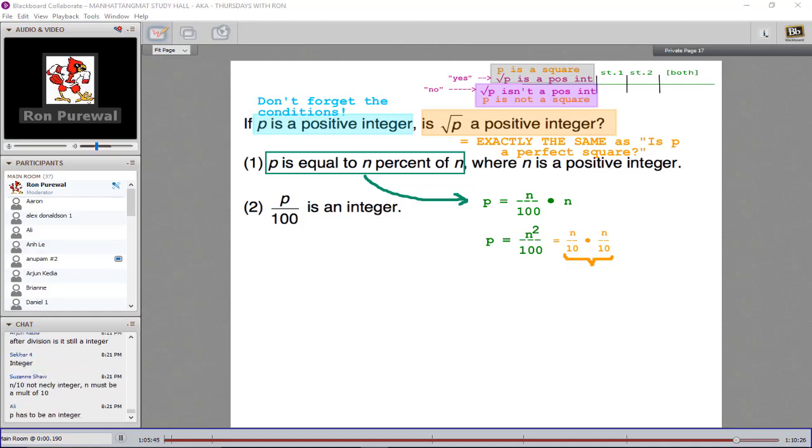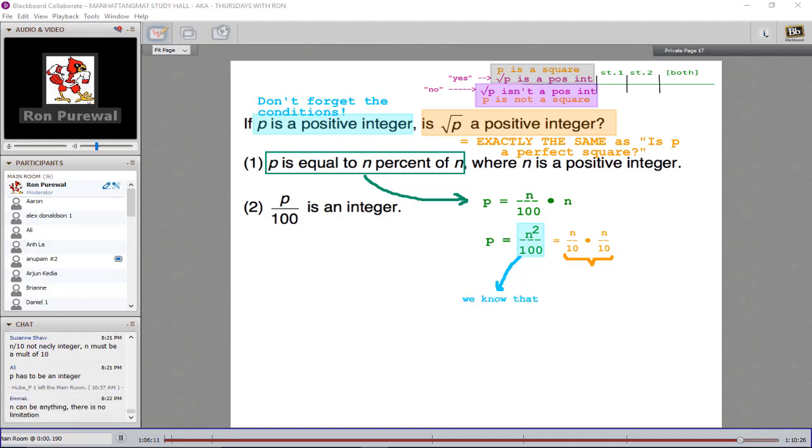We got a condition that says n squared over 100 is an integer. This is the given condition. So we know that n squared divided by 100 is an integer. It has a whole number from the condition.